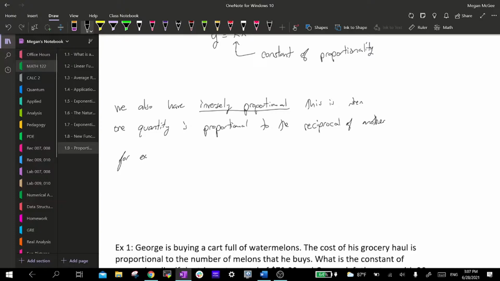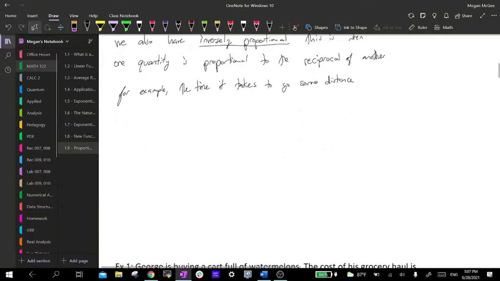So for example, the time it takes to go some distance is inversely proportional to the speed at which you are going.